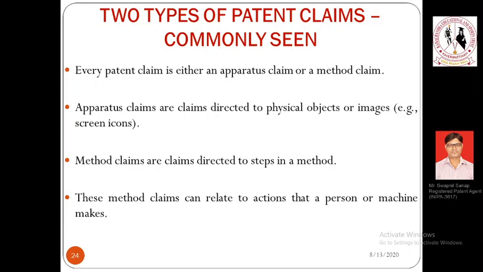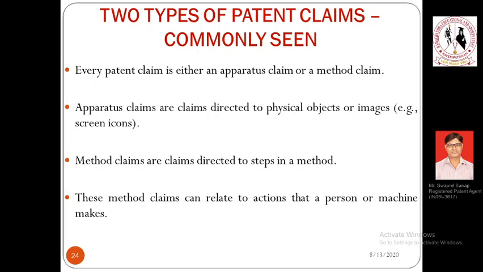The method claims can relate to actions that a person or a machine takes. So as it clearly indicates, your apparatus claim is about a device, but the method is always associated with the action that the person or the machine or the device takes, right? These are the two most commonly seen types of patent applications in the patent world.